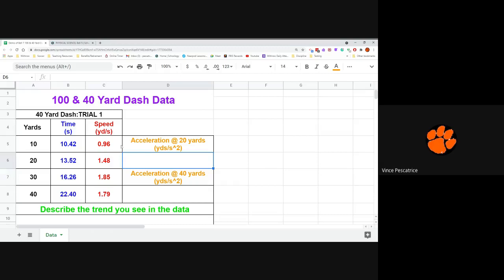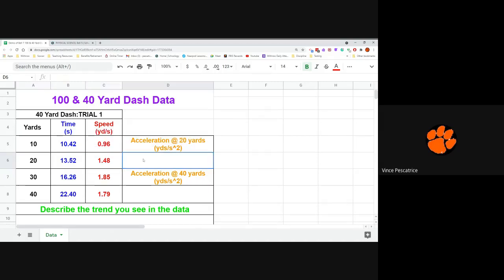So my change in speed was 1.48, which is my final speed at 20. My starting point, he started at 0 from go, and then over 13 seconds, the speed increased to 1.4 yards per second. All right, so I'm going to start with equals.